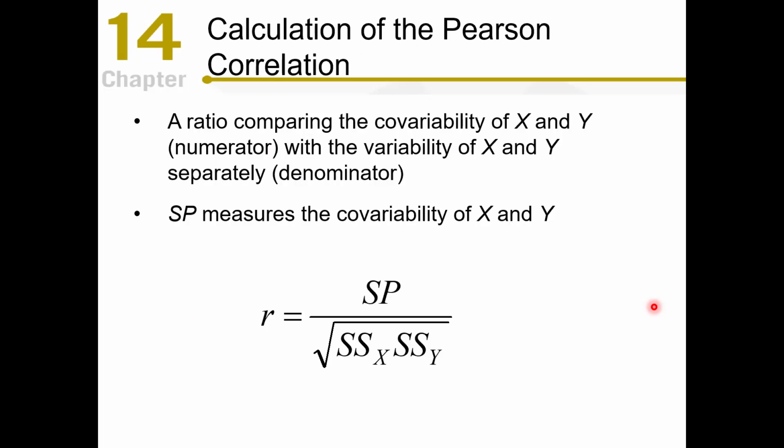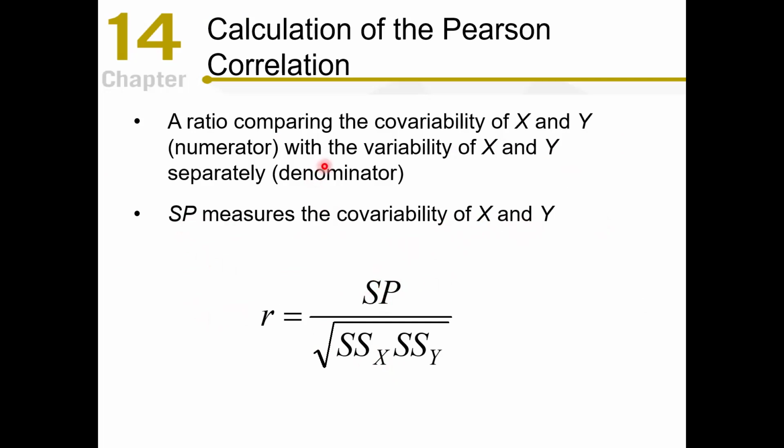All right. So in order to compute our Pearson correlation coefficient, our R, we need two other things in order to calculate it, right? The SP measures the covariability of our X and Y variables.